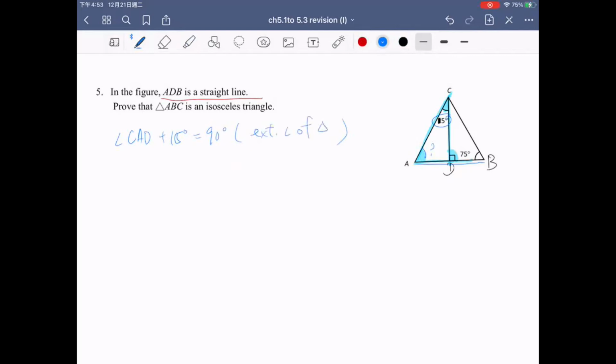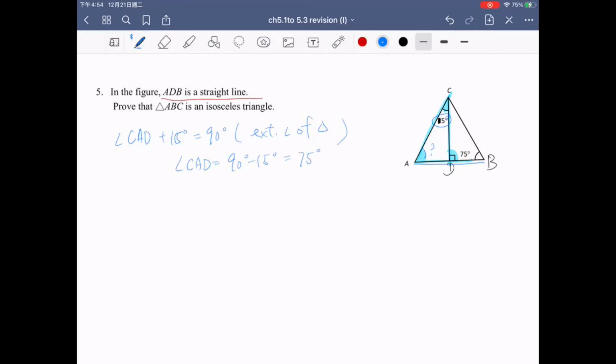Of course, if you don't want to use the exterior angle, you can find angle CAD by using the angle sum of a triangle. Angle CAD is 90 minus 15, 75.